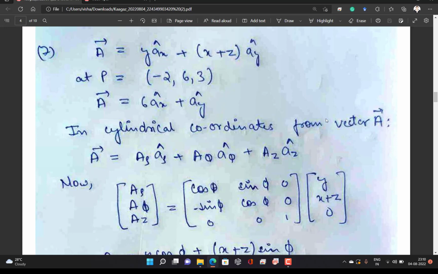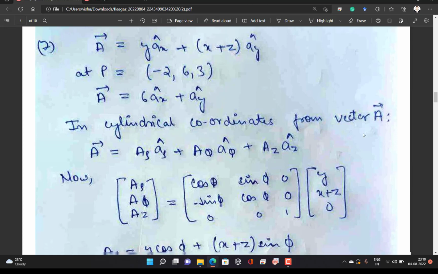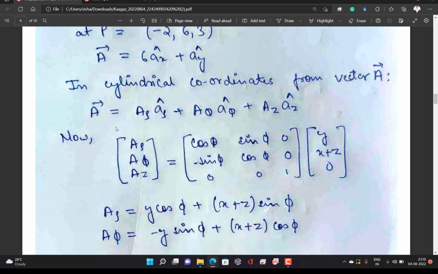Now in cylindrical coordinate system, vector A will be written as, this is the generic term for a vector in cylindrical coordinate system, A rho a rho plus A phi a phi plus Az az. So we use the matrix with rows cos phi, sin phi, 0; minus sin phi, cos phi, 0; 0, 0, 1.